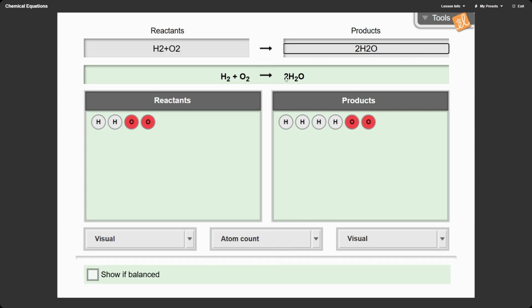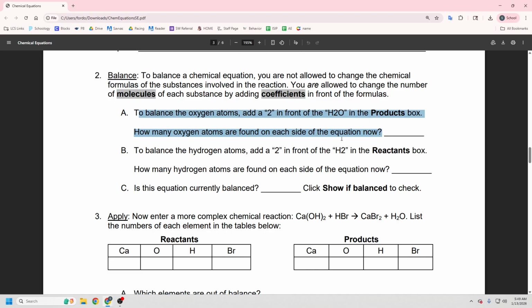So you are allowed to change the 2 in front of H2O, but we leave the second 2 alone because that is a subscript. Now, are the oxygen atoms balanced? Again, you're writing the 2 on the product side. So how many hydrogen atoms are found on each side now?